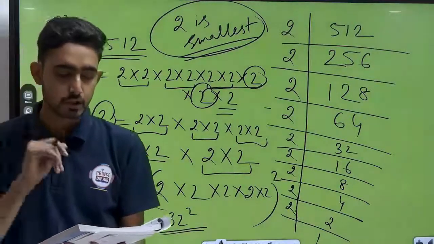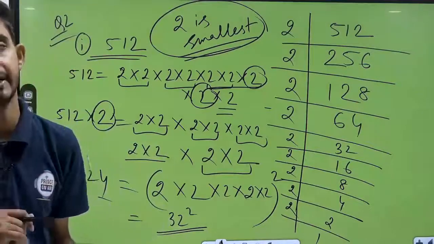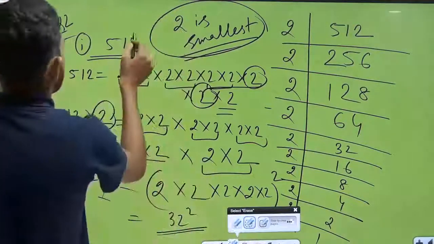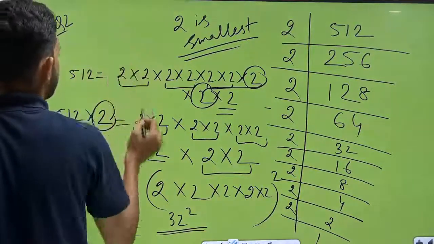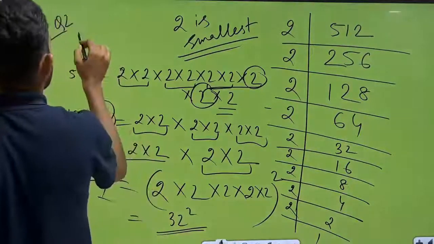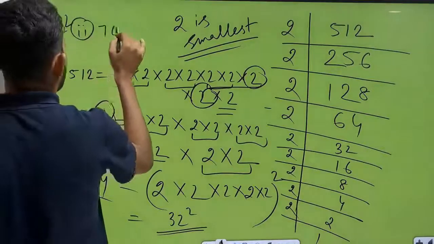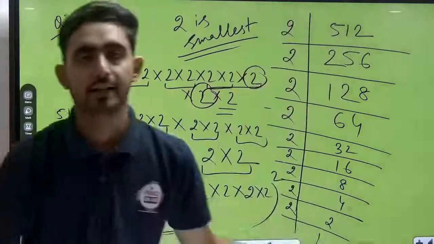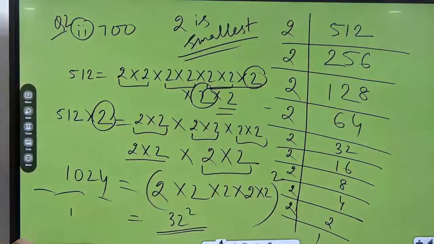Now next question, that is 700. Okay, I'm writing here. This is your 700. Next question. Yes, all of you find out and tell me what is the correct answer. 700, that is your next question.